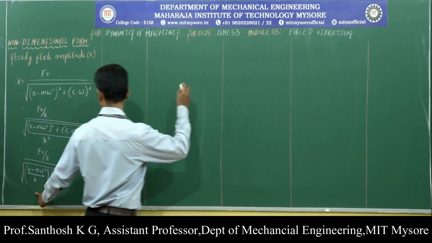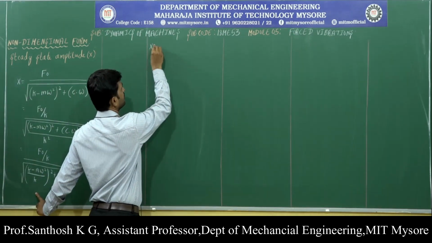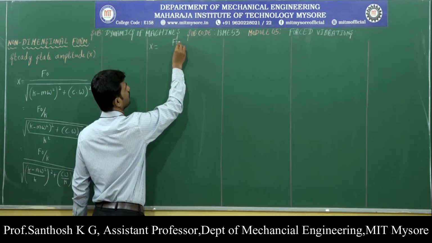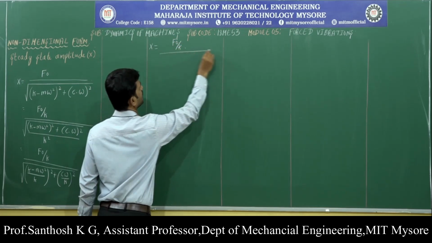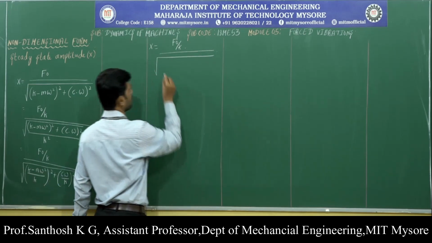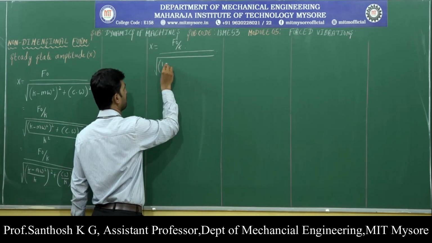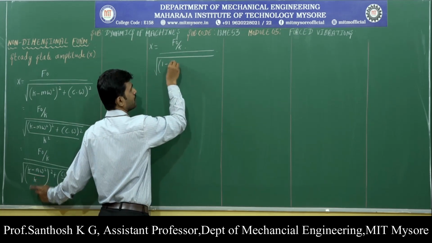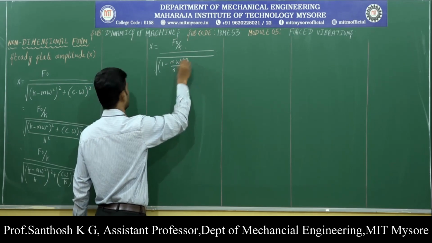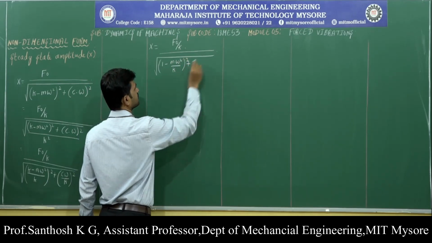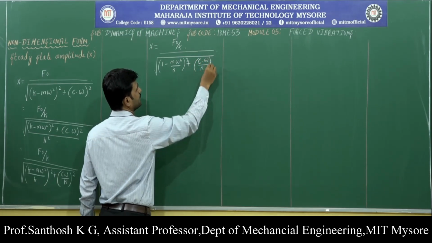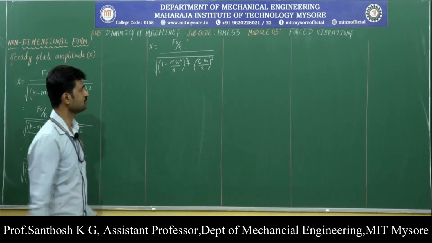Again, if I simplify, I will get capital X equals F naught divided by k divided by square root of (k divided by k, which is 1, minus m omega square divided by k) whole square plus (c omega divided by k) whole square.